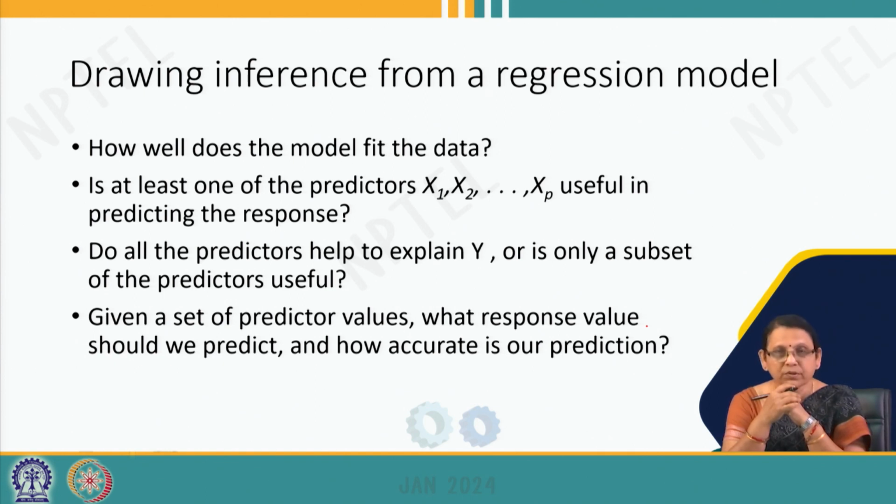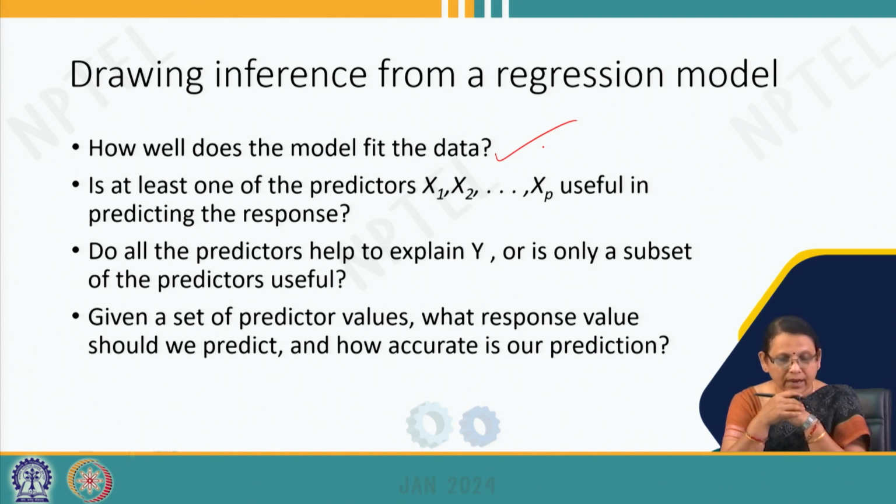So, the first inference we would like to draw is to understand how well the model fits the data. Second is whether at least one of the predictors, that is features, is useful in predicting the response. So, we would like to find out its contribution in determining the response variable.